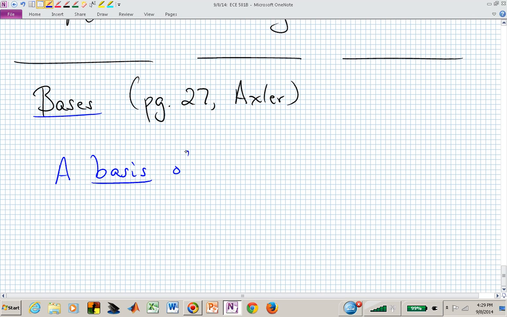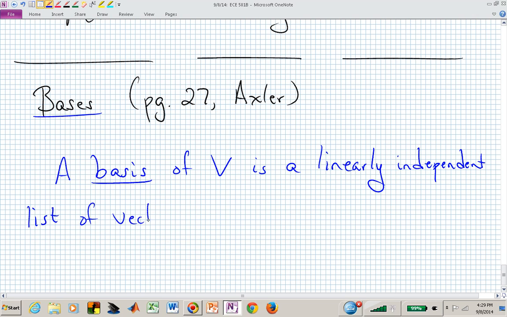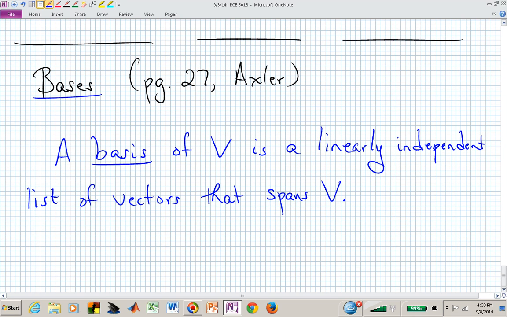A basis of a vector space V is a linearly independent list of vectors that spans V. So if somebody says they have a basis for your vector space, then you know that that set of vectors is linearly independent and you can get anywhere you want in your vector space. That set spans the entire vector space.